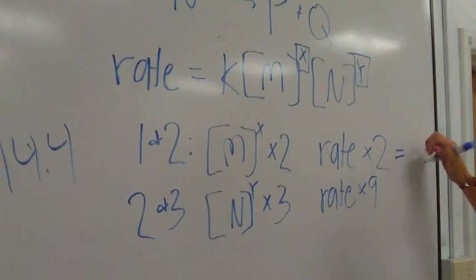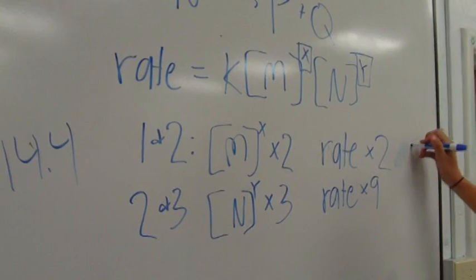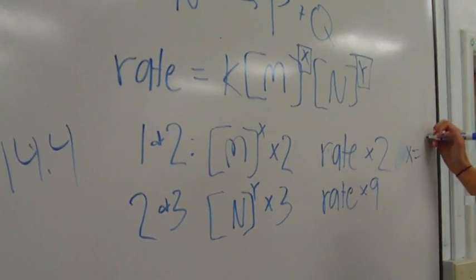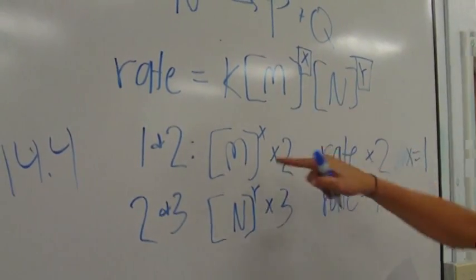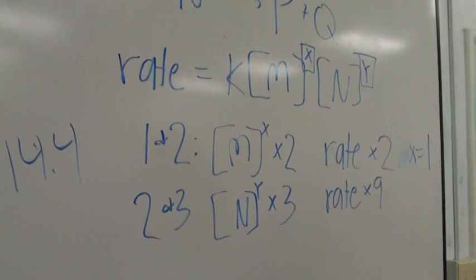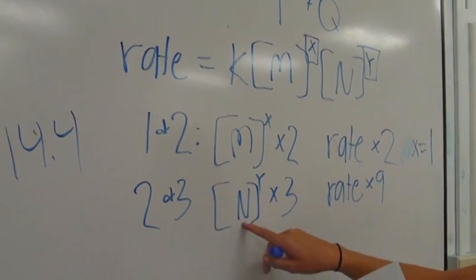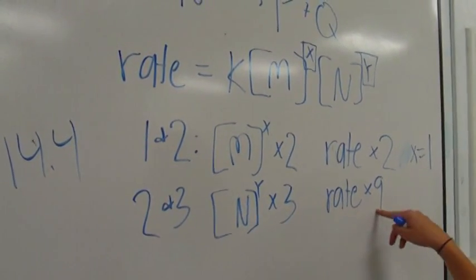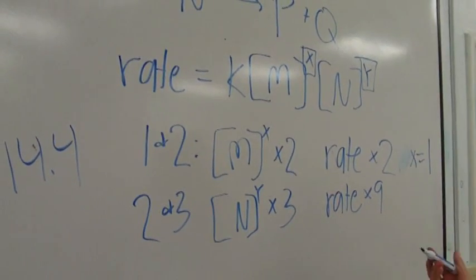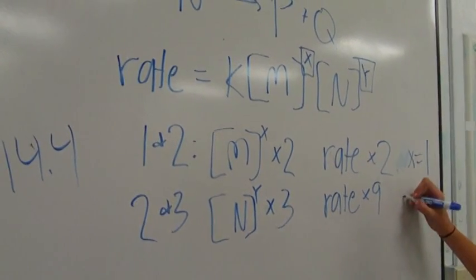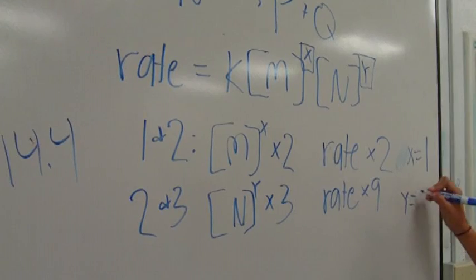So your coefficient is going to equal 1. So we know that x is 1. And it also tells you that if the concentration is multiplied by 3 and the rate is multiplied by 9, then your coefficient is equal to 2.